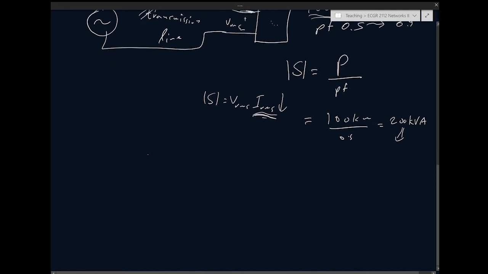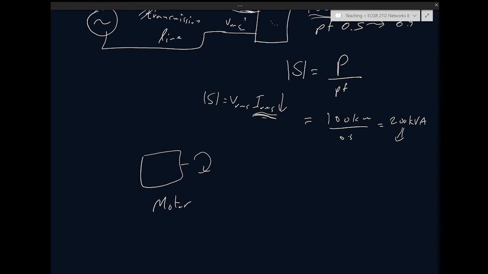Most industrial loads consist of machines, of motors. And motors are essentially big inductors, right? The stator of the motor is a big winding of wire, which is an inductor. So that's why most high loads are inductive.